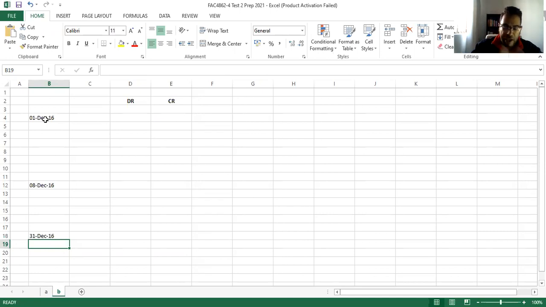From that point in time, it is theirs, or to some degree, it is theirs. So it's not over a period of time. It does not meet the criteria of over a period of time. As a result, it meets the criteria at a point in time. A promised good or service is recognized at a point in time if it does not meet any of the criteria for over a period of time.